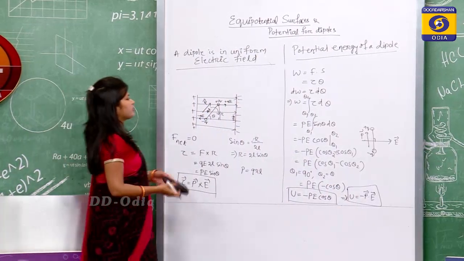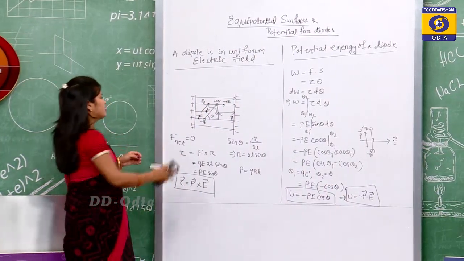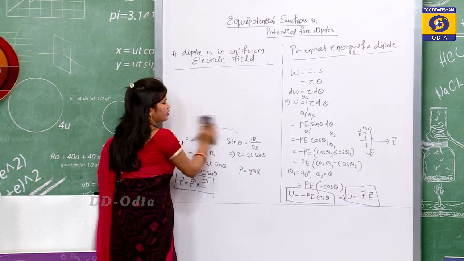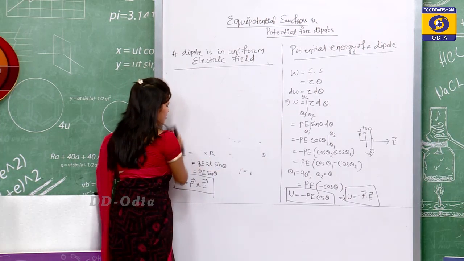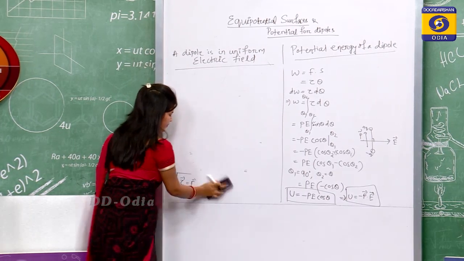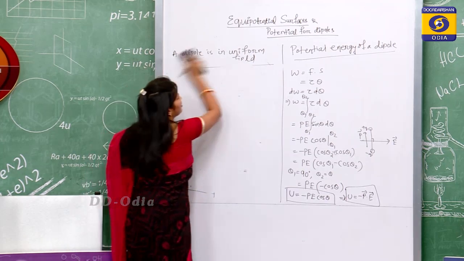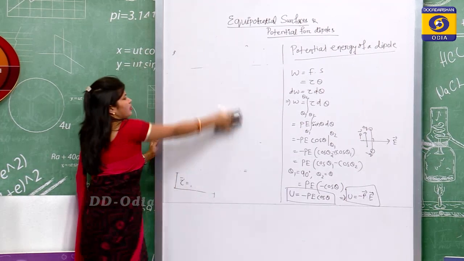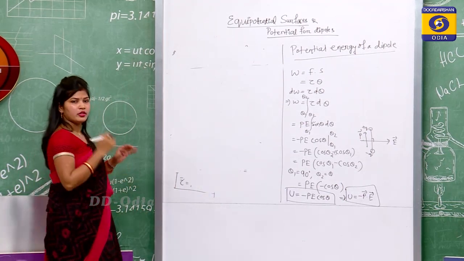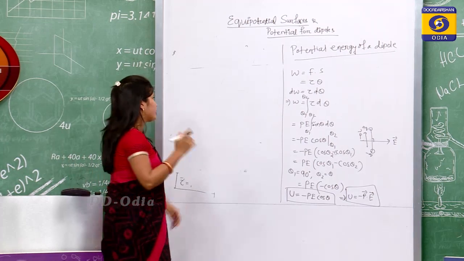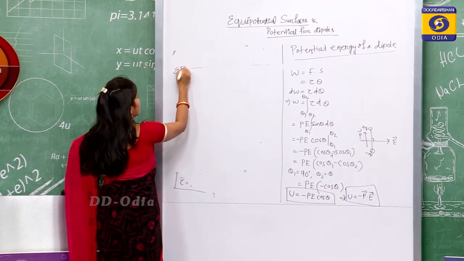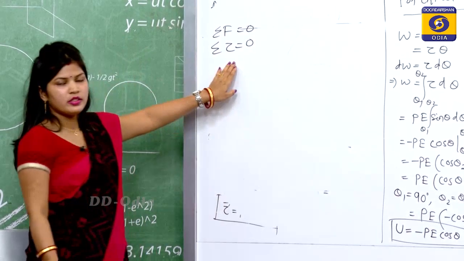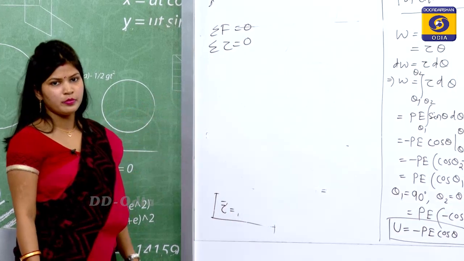Now, let us discuss the equilibrium of a dipole inside an electric field. What is equilibrium? Equilibrium of an object or a system means when the net force is 0 or the net torque is 0, then that object is in the equilibrium position.